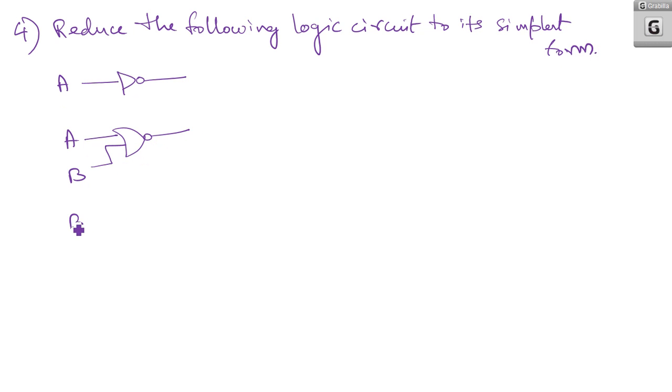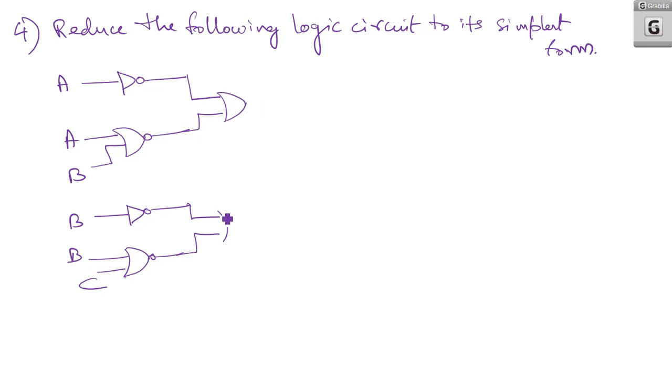Then B is inverted. Then we have a NOR gate with B and C. Then these two are ORed, and these two are ORed, and these two are ANDed. So we need to reduce this logic circuit into a very simple form.